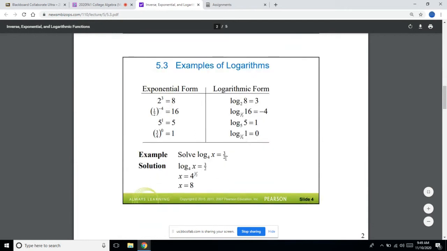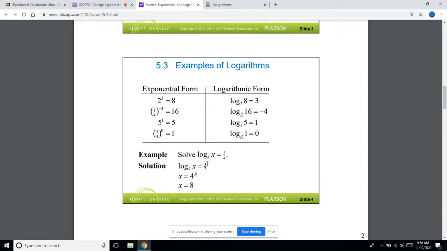So here's a quick look at an example. We're asked to solve log base 4 of x is equal to 3/2. So what we're going to do is convert this log to an exponential. When we convert log base 4 of x equal to 3/2, remember that the base of your log is the base of your exponent.